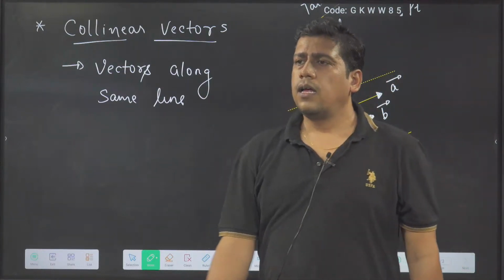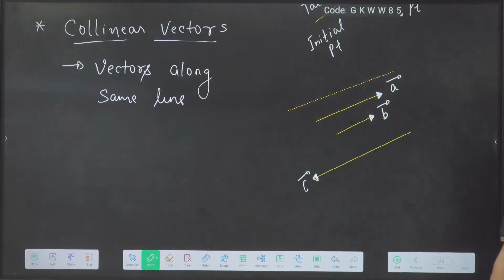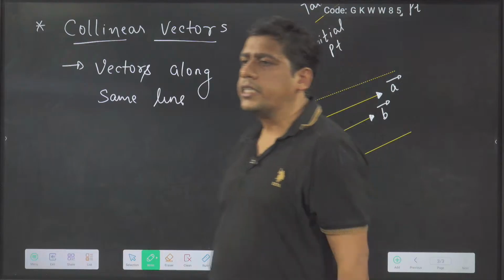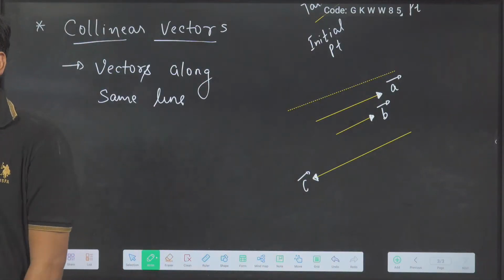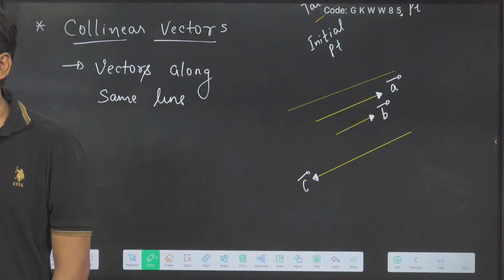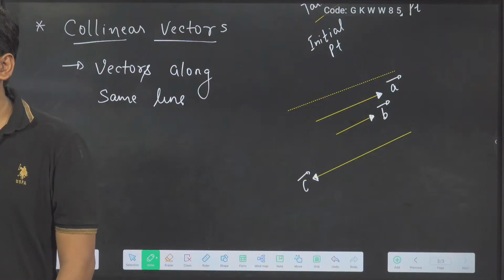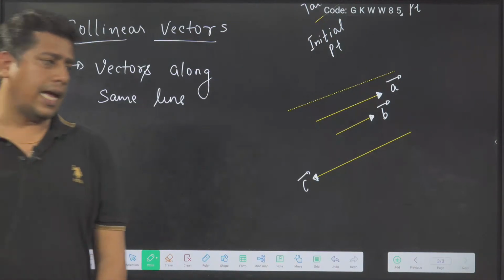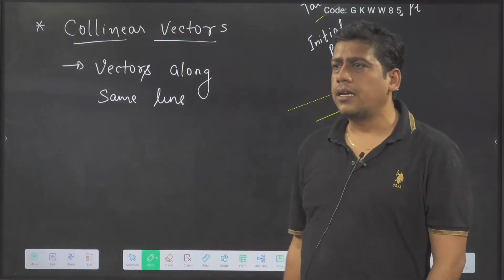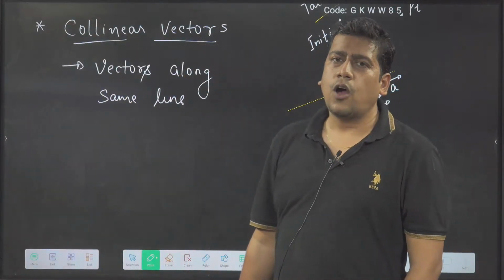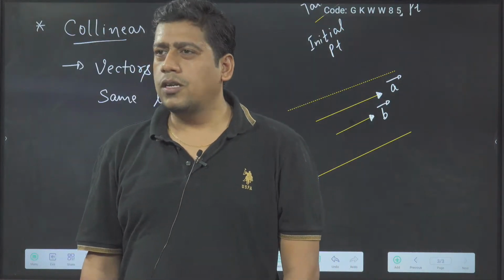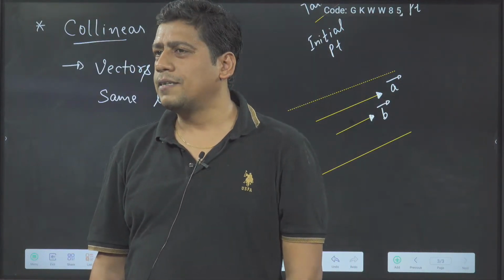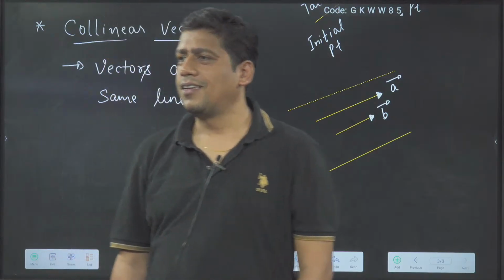Tell me, are A, B, C all collinear vectors? Parallel to each other, okay, that is the doubt. Yes or no? No, sir.